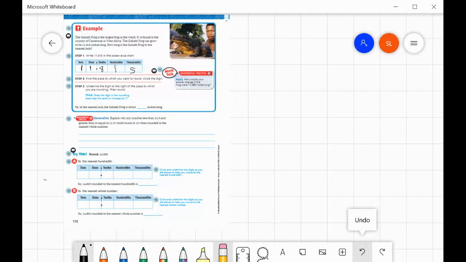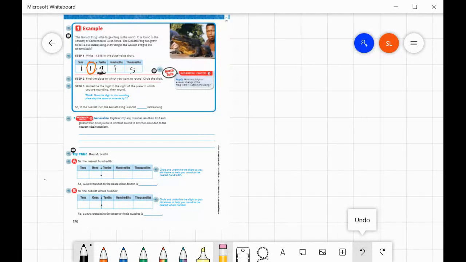So to the nearest inch. So that means we're going to round to this number right here. We are rounding to the nearest 1 because we want a whole number, an inch. So that means that we are going to look at the tenths place in order to tell us what to do with this problem.